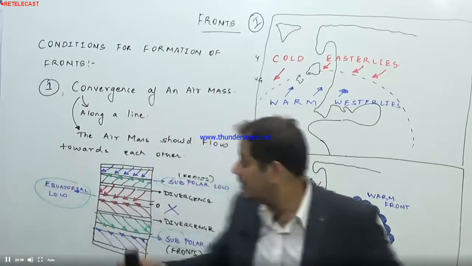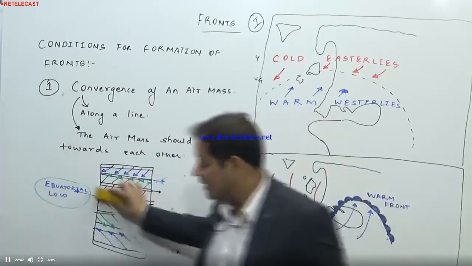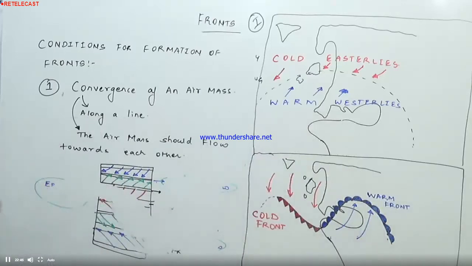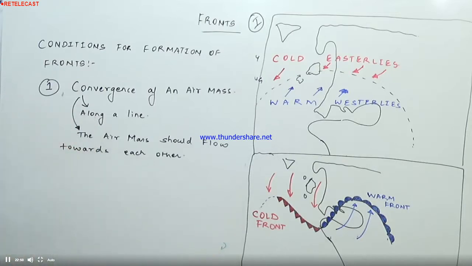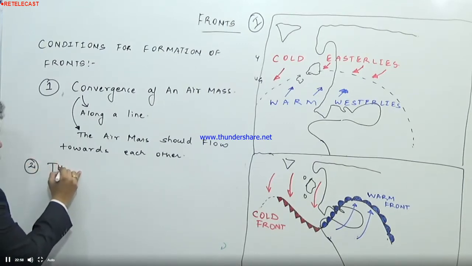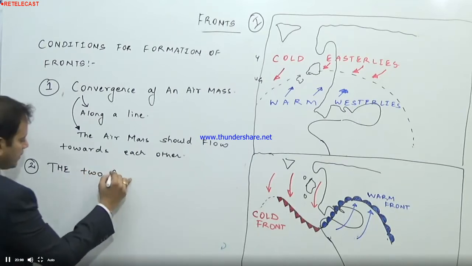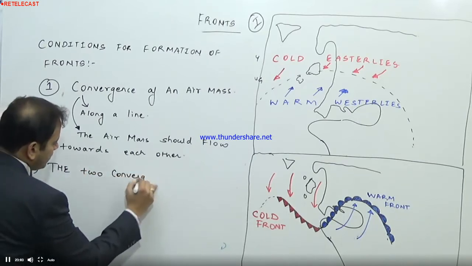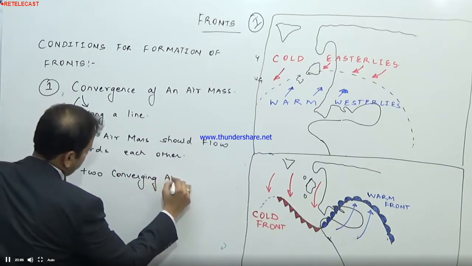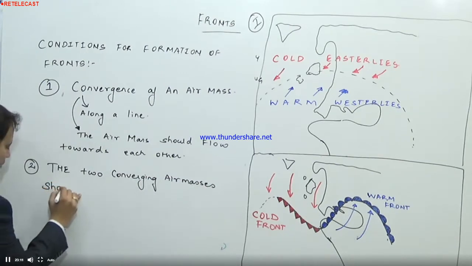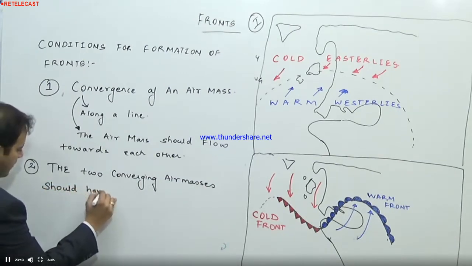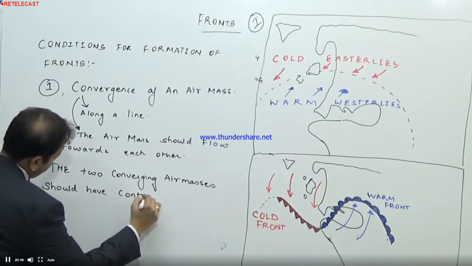So the second condition for the formation of a front is that the two converging air masses should have contrasting temperature, and obviously pressure difference.